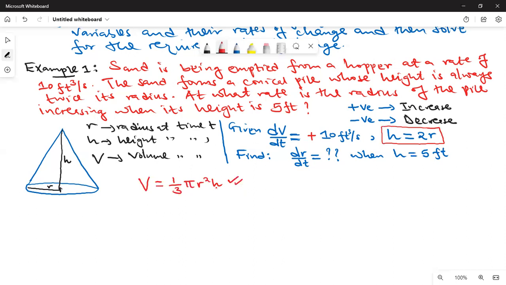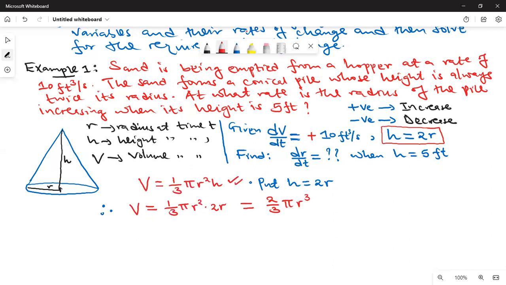I want to get rid of h because we are told h equals 2 times the radius. So we are going to substitute: where there is h, we substitute 2r. What is the volume now? Volume will be 1/3 pi r squared times 2r, and when you simplify, you get 2/3 pi r cubed.